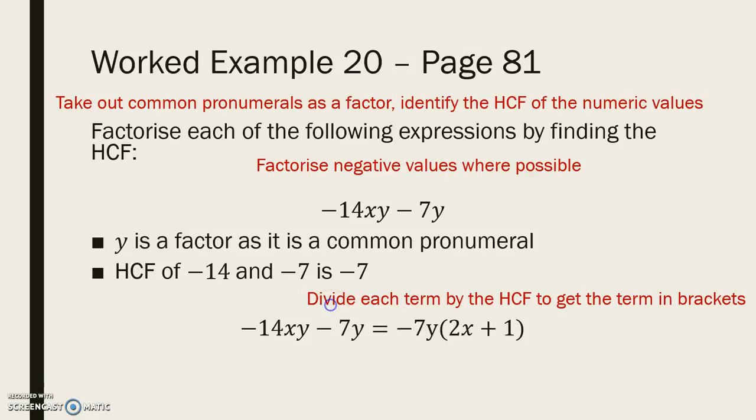So we divide by negative 7y. Negative 14 divided by negative 7 is 2. Negative 7 divided by negative 7 is 1. Y comes out of this one, leaving us with just the x pronumeral. And y comes out of this one, leaving us with no pronumerals left, because y divided by y is 1. Once again, you can check by applying the distributive law.